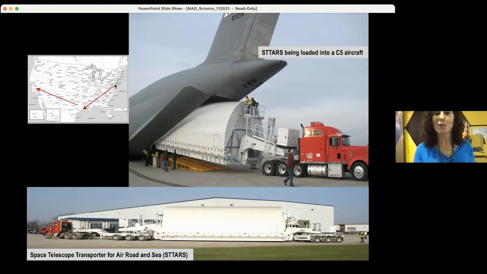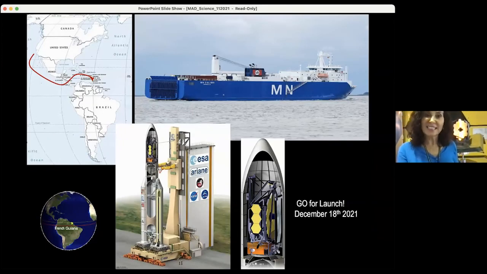And that's how we move it from Maryland, where I am, to Houston, to Los Angeles, which is where the sun shield was, to make it together. And then just at the end of October, we used that same container, but we went by boat in this humongous boat. The truck and James Webb were inside, and we went through the Panama Canal to French Guiana, which is where we are going to launch it from.